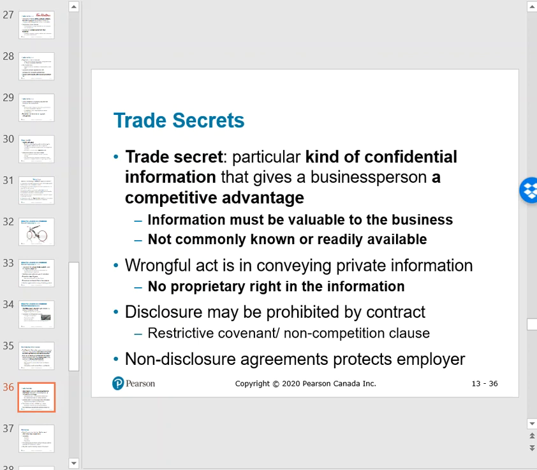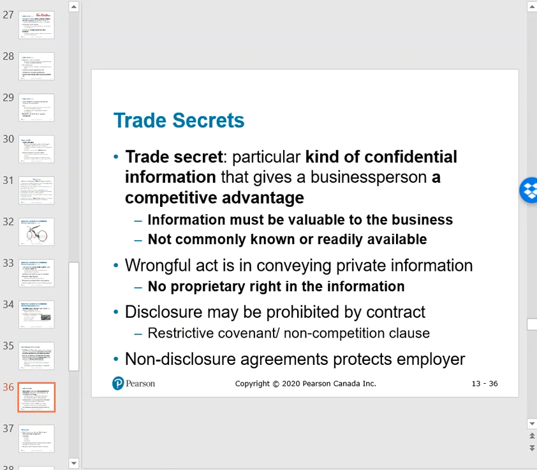And again, companies or people do not own the trade secret or the confidential information. They use it because they keep it secret. So it is only they that know that information. So they use it for their advantage.